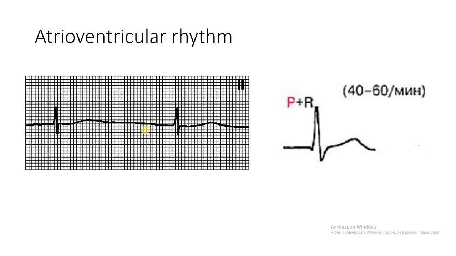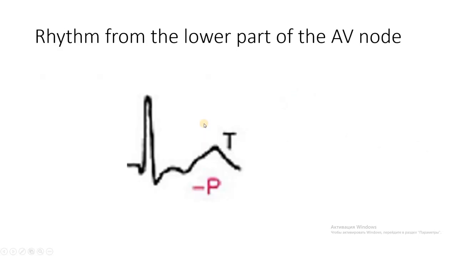Next rhythm from middle part of AV node, we can see here P not visible, and only we can see QRST complex. And in this picture also P not visible. This means here rhythm from AV node, and only we can see QRST waves.